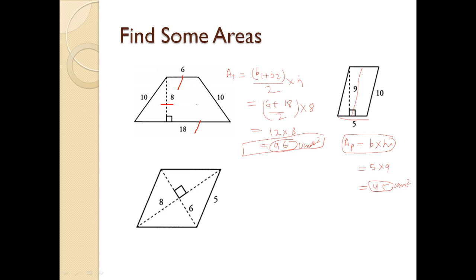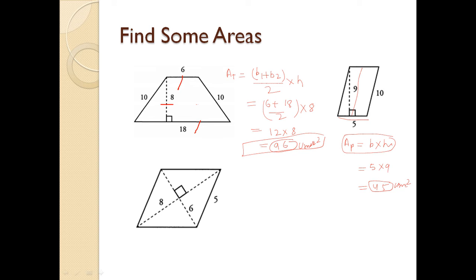Okay, now another question: this is a rhombus given to you. You have to find out the area. These are two diagonals having lengths 6 and 8 and one side is 5. Now you have to find out the area of a rhombus.